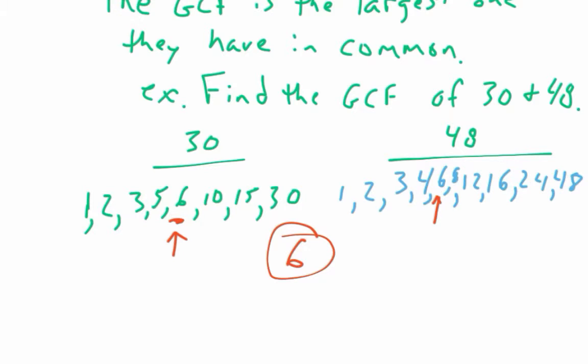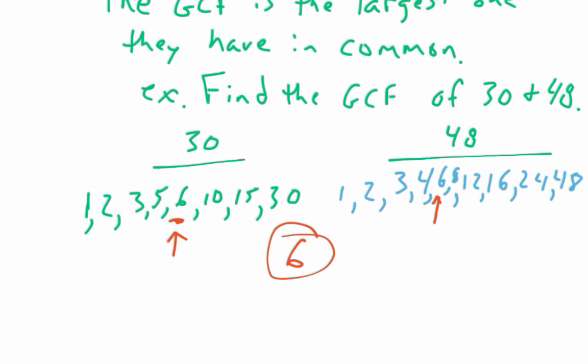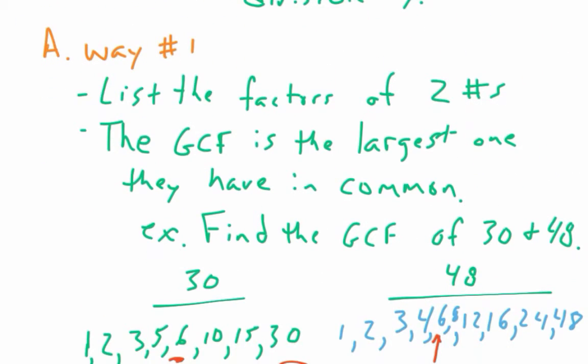A second way, and really it's just up to you which one you prefer. I did orange. Okay, so if we go with the same color scheme, B is way number 2, or method number 2. Way number 2 is going to be prime factorization.